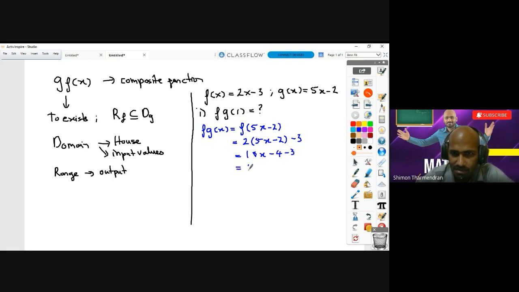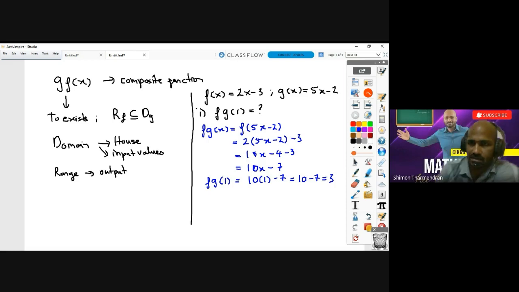So final answer, we have 10x minus 7 over here. Now I can find my fg of, sorry, we got a g first. So now I could find my fg of 1. fg of 1 means I masuk je satu inside the x here into my fg(x). Minus 7. So we have 10 minus 7. And we have number 3 here. Okay, so that's the answer.